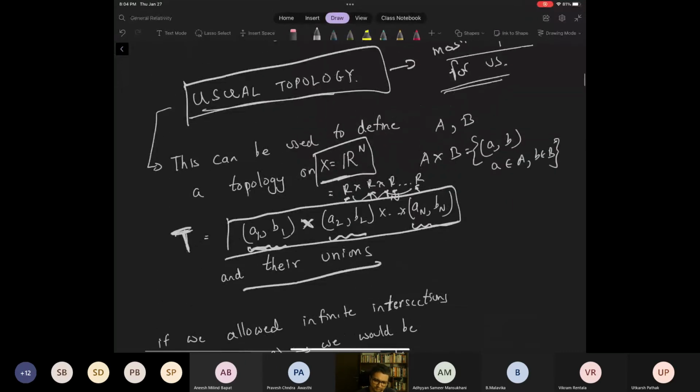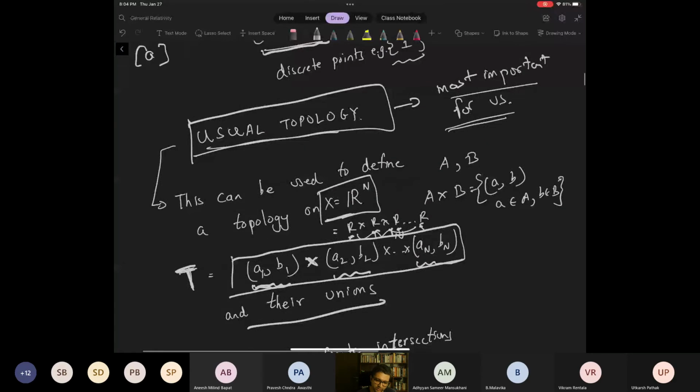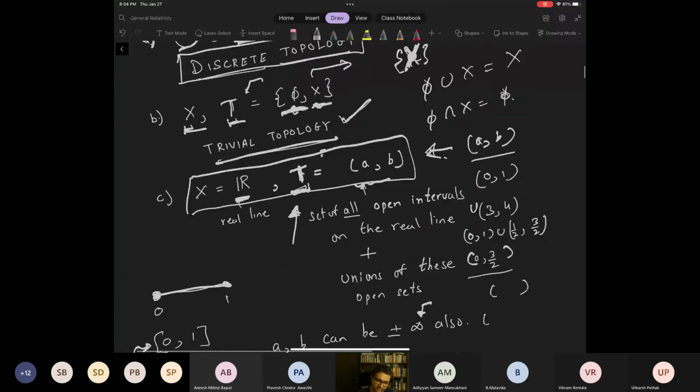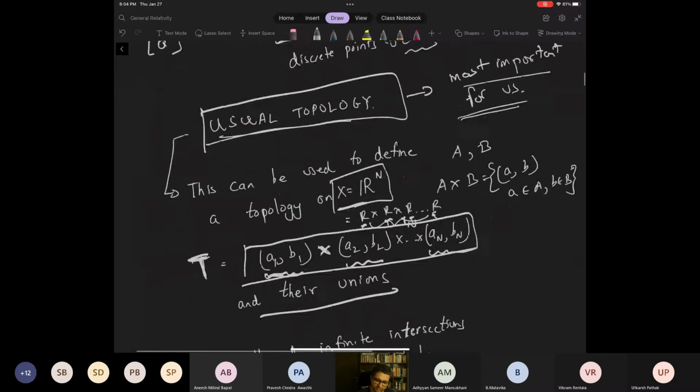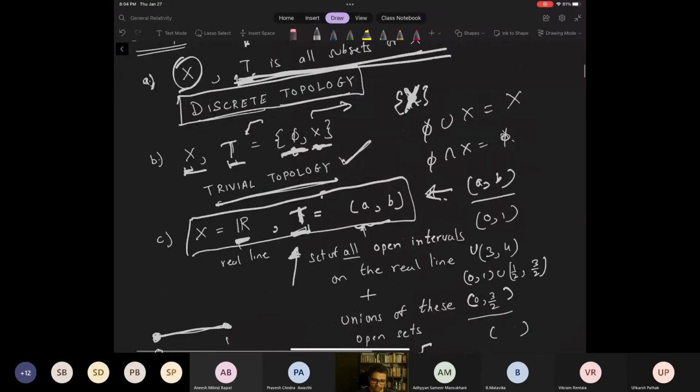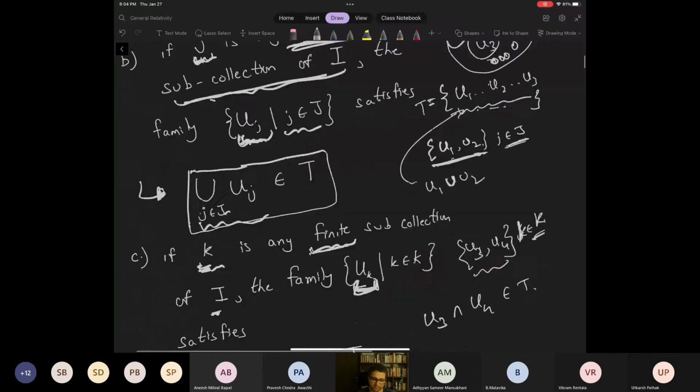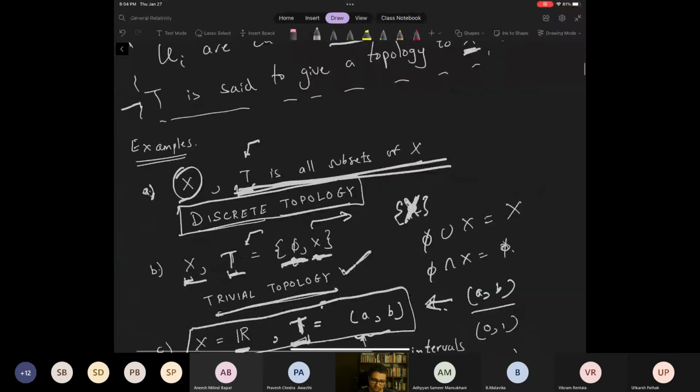And so just the way you define the usual topology on the real line, you can now extend this definition of the usual topology to include the space Rn. And let's check that this topology is actually a topology. That is, let's check that it satisfies the conditions that we outlined above.